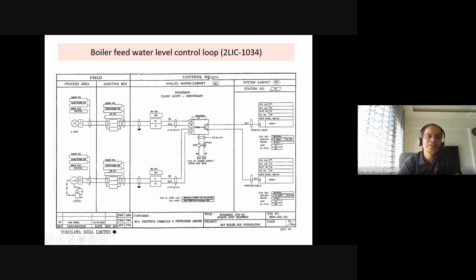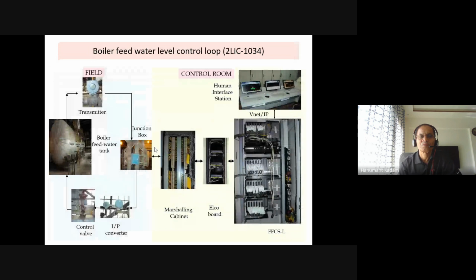Then this wire goes to the respective IP, a current to pneumatic converter, and then it goes to the control valve. So this is how one loop's wiring is done in the plant. This is one of the loops shown to you.